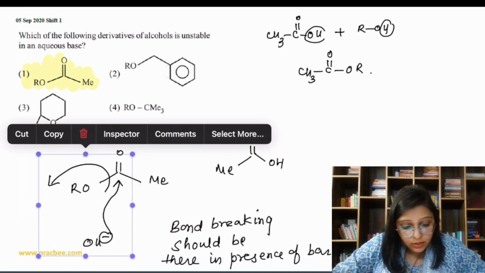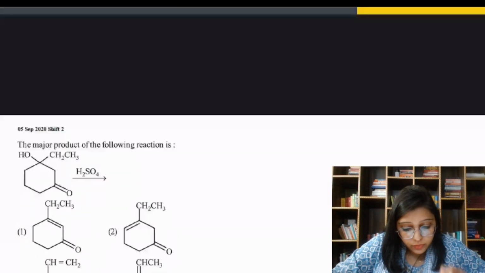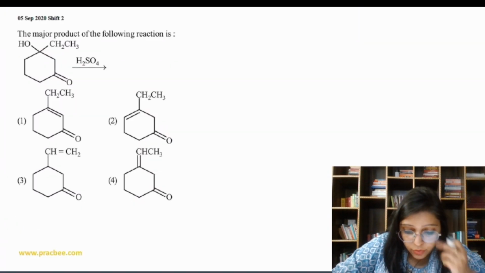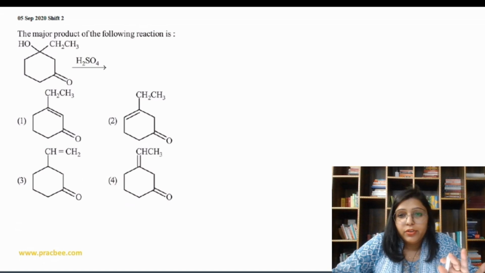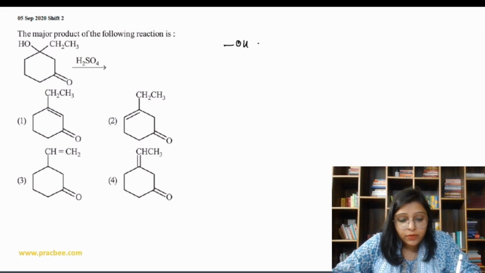Now, let's do the next question. The major product of the following reactions. Again a dehydration question, right? First, OH is converted to OH2 positive, then water leaves, we have the carbocation formation, right?